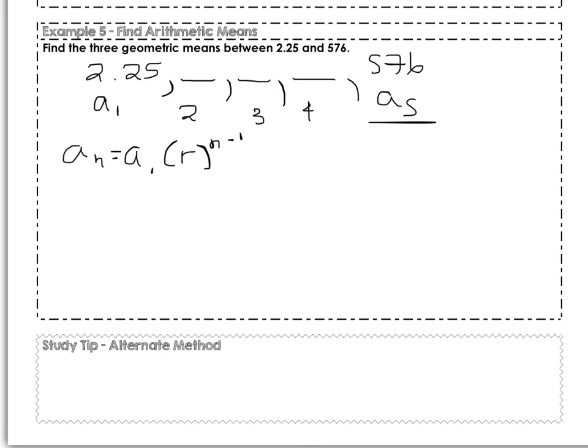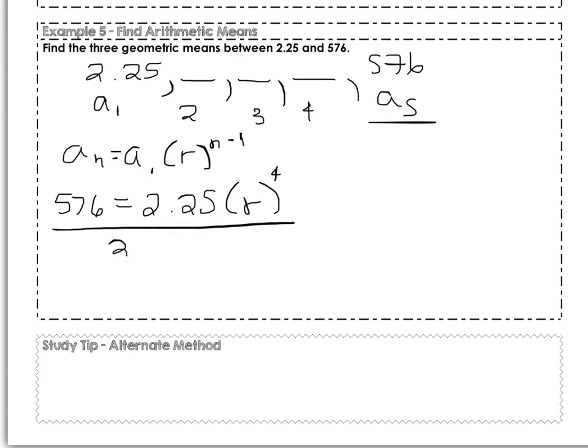And I'm going to use my nth term being 576. It's going to be our fifth term. So we have 2.25 times our common ratio, which we don't know, raised to the power of 5 minus 1, which I'll reduce now, to the power of 4. We're first going to divide both sides by 2.25. And when I divide that 576 by 2.25, I get 256.